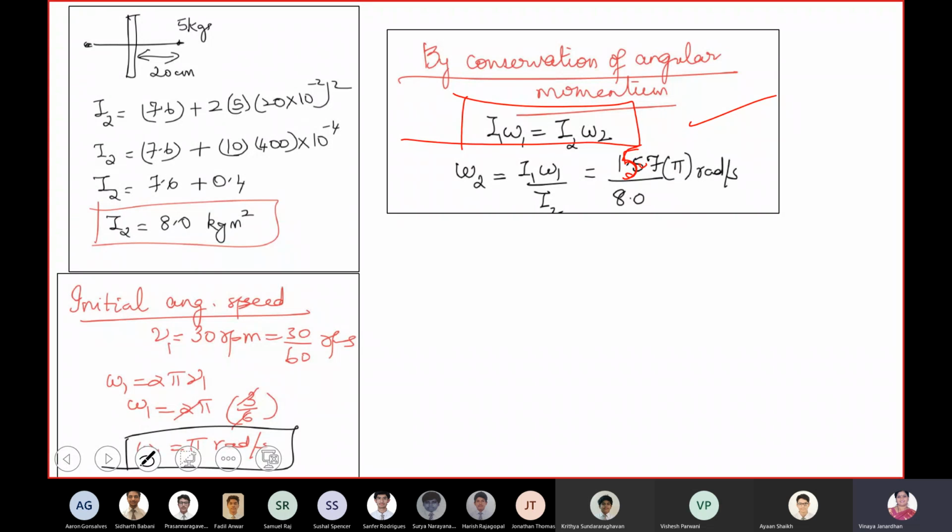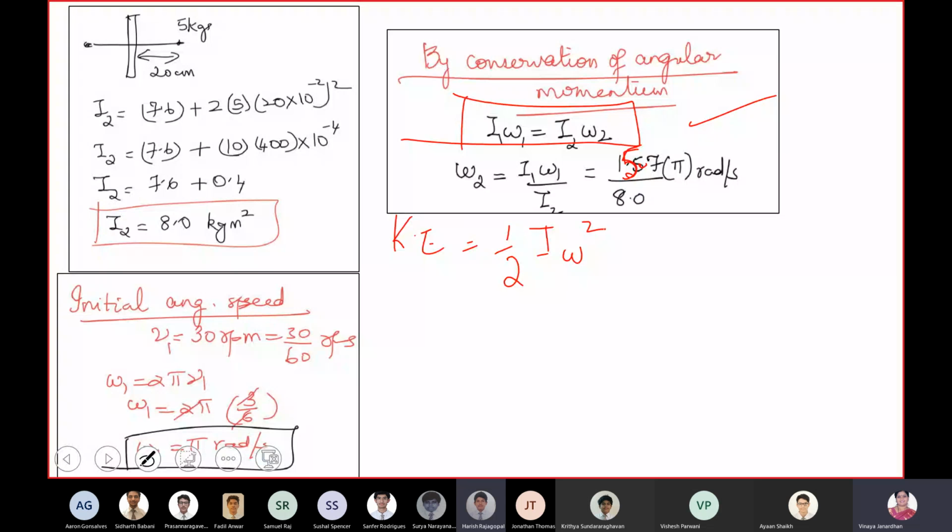What was the next part of the question? Is kinetic energy conserved? Okay, what will be the formula for kinetic energy? Half I omega squared. The kinetic energy is half I omega squared, yes or no? Yes, ma'am.